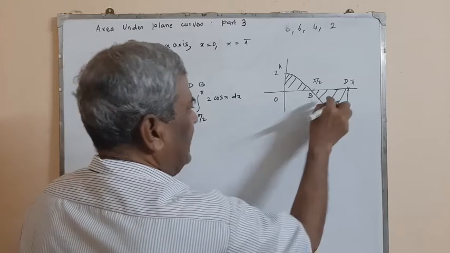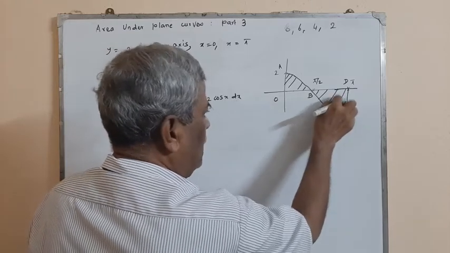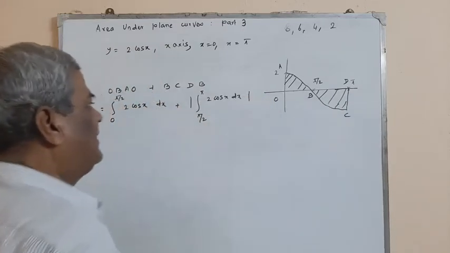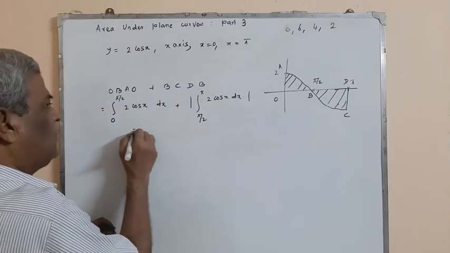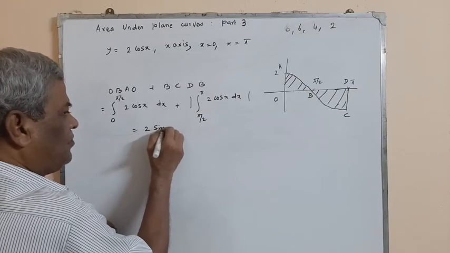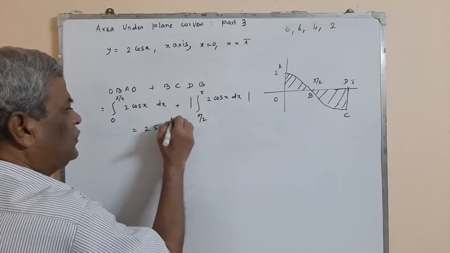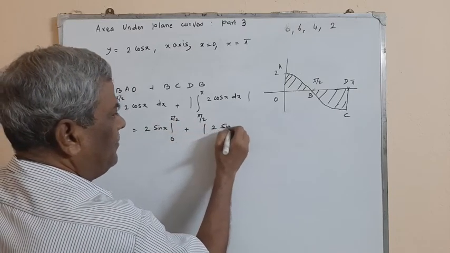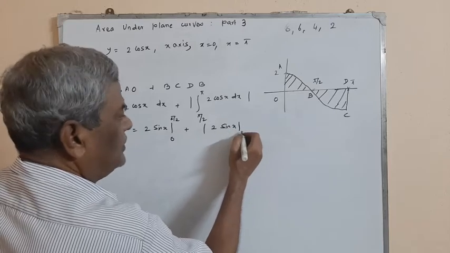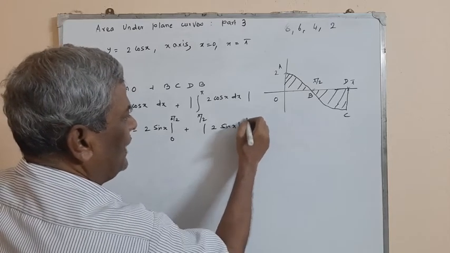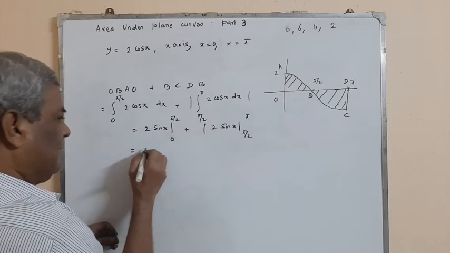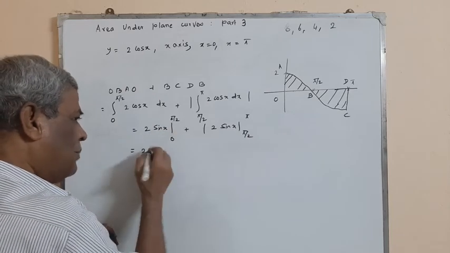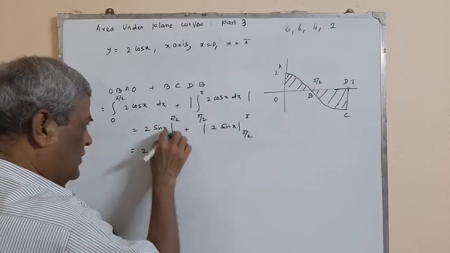And because the whole region is below the x-axis, one modulus sign has to be applied here. It is equal to 2 sin x from 0 to pi by 2 plus 2 sin x again from pi by 2 to pi. So it is equal to 2 into sin pi by 2, which is 1, so 2 into 1, minus 2 into sin 0, which is 0.